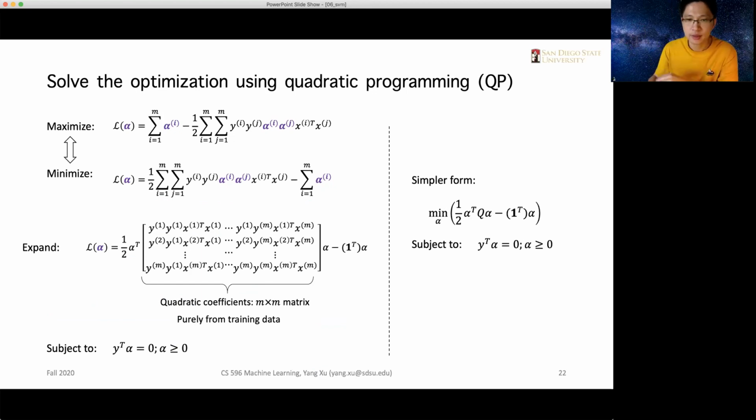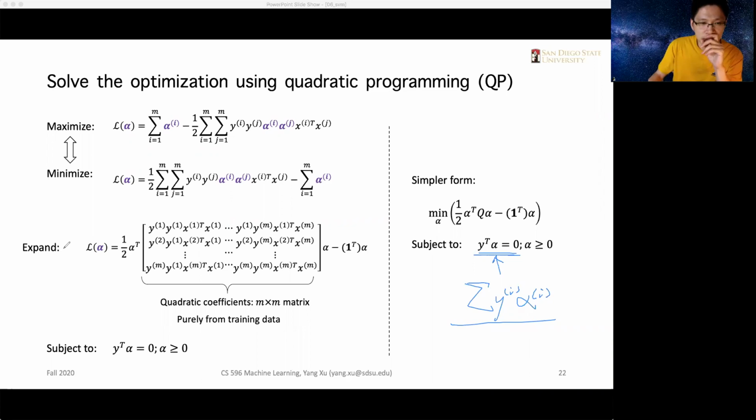And also we rewrite one of the constraints into the dot product form as well. This constraint is actually the summation of y superscript i times alpha i, so this whole term is just a dot product.